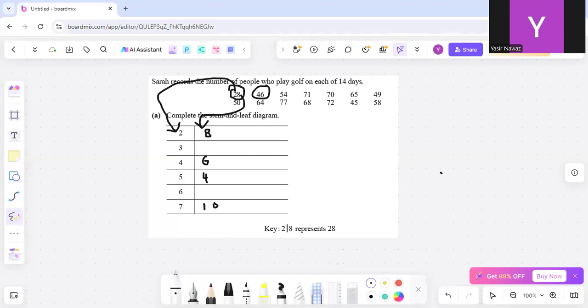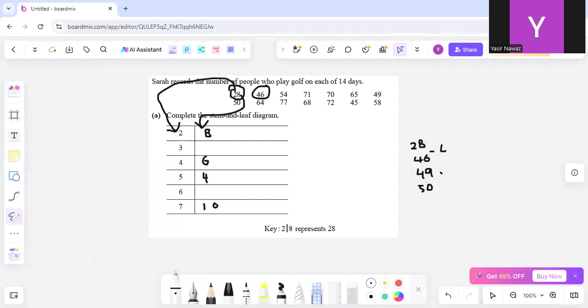In the stem and leaf diagram, you can arrange the numbers. The smallest number would be 28, and then the next is 46, and then 49, and then 50, and then there is also 45 here.